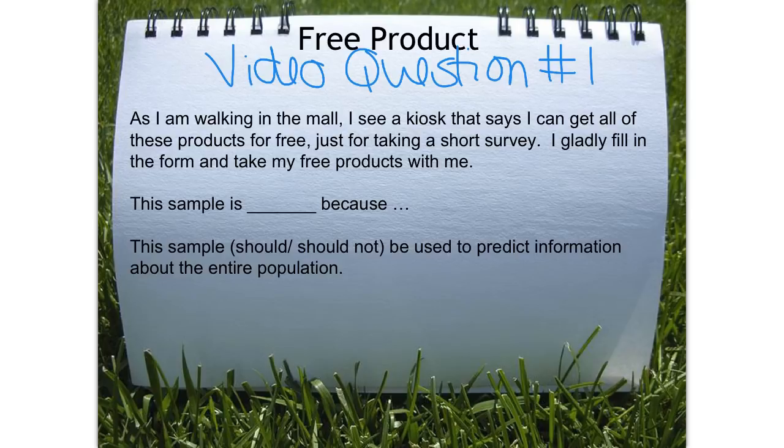I'd gladly fill in the form and take my free products with me. Is this sample valid or not valid, and why? It should or should not be used to predict information about the population. So on your paper, you are telling me valid or not valid, why, and whether it should or should not be used.